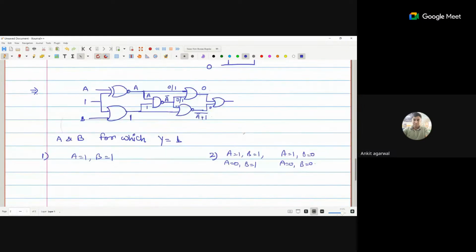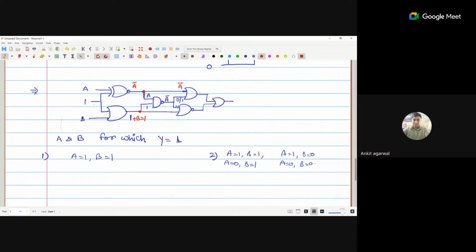Kindly check again with the equation. So this is the 1, so we are getting a bar here, and here we are getting 1 plus b, that is 1. Okay, at this point we are getting 1, this point we are getting a bar. So a bar at this point.